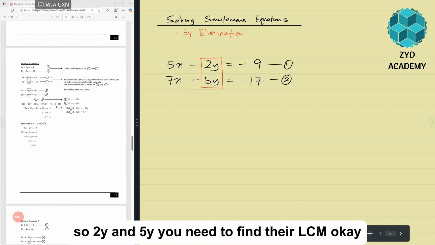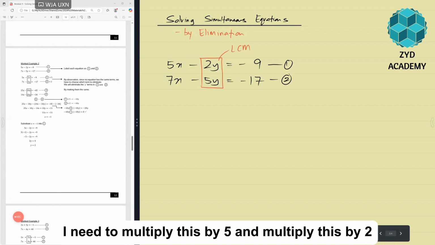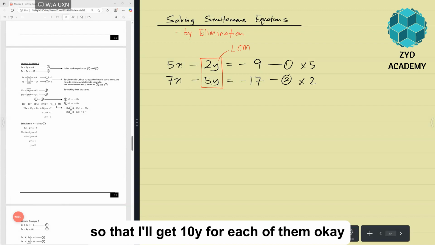So 2y and 5y, you need to find their LCM. The LCM of 2 and 5 is 10. Because it's 10, I need to multiply this by 5 and multiply this by 2 so that I'll get 10y for each of them.